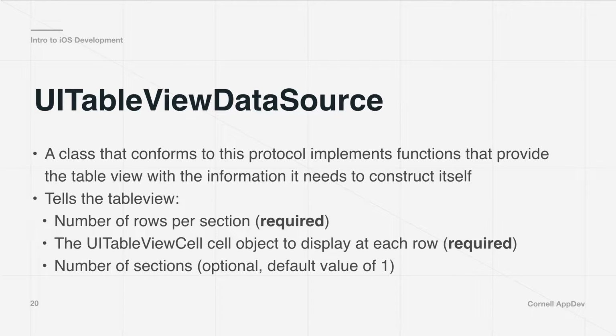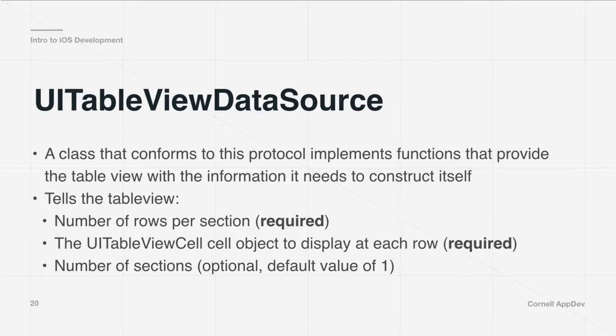So what is UITableViewDataSource? UITableViewDataSource just provides your table view with the information that it needs to construct itself. Specifically, there are 2 required methods. The first one tells your table view how many rows should be in each section, and the second method tells your table view which table view cell object to display at each row. The number of sections method is optional because the default number of sections is just 1.